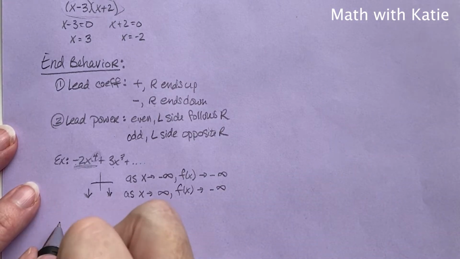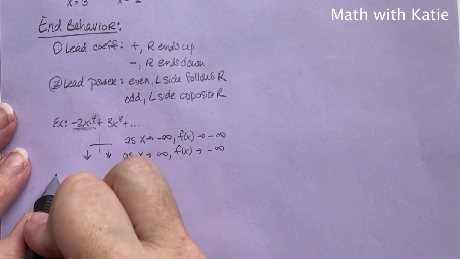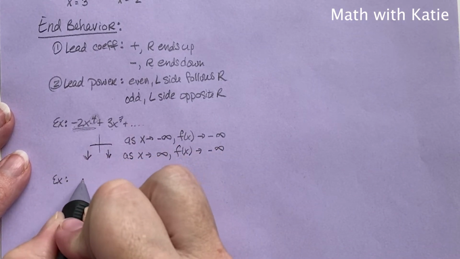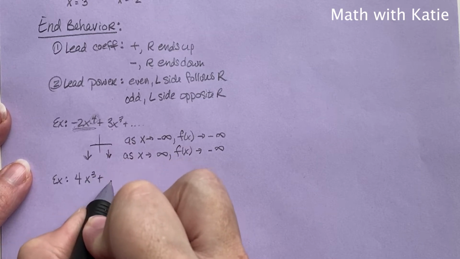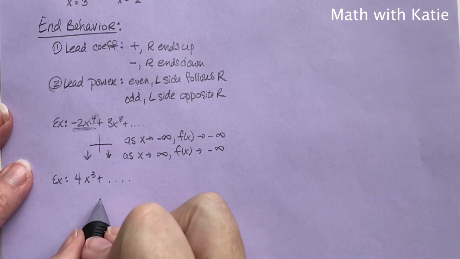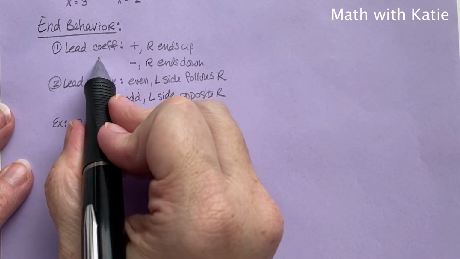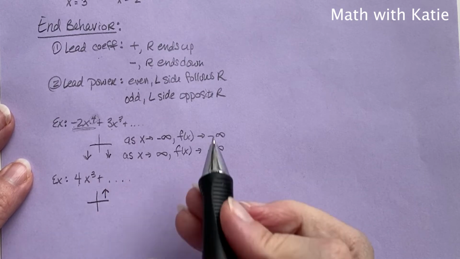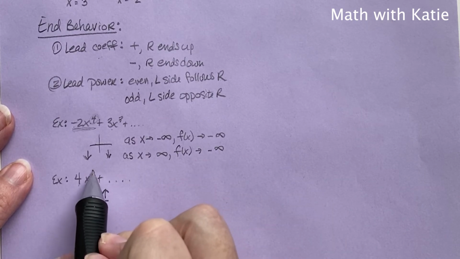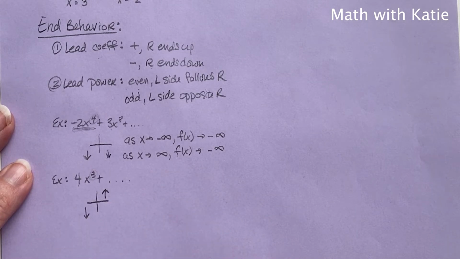All right, let's do one more example. Let's do positive 4x cubed plus and so on. So first thing we look at is our lead coefficient. It is positive, so right side ends up. Our lead power is 3, so it's odd. So left side is opposite, so it ends down.